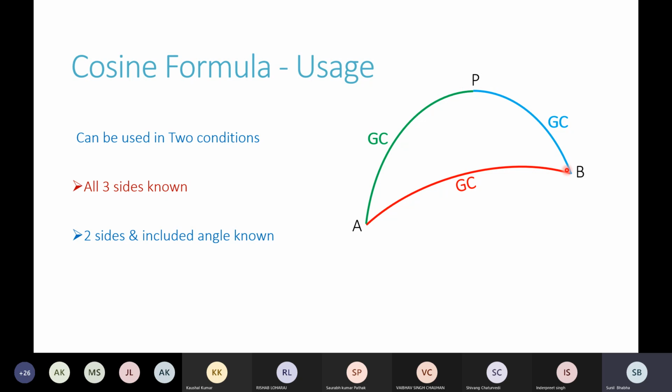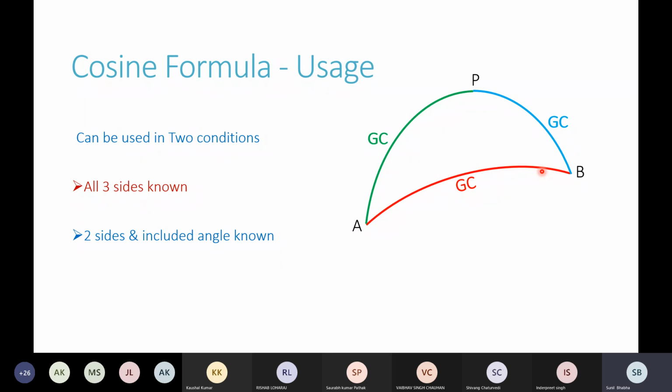Now once the missing side has been calculated, then we again have access to all the three sides of the triangle, and the remaining two angles, that is angle Alpha and angle Bravo, can also be calculated. Now, the important thing to understand here is that the angle which you know should always be the included angle.